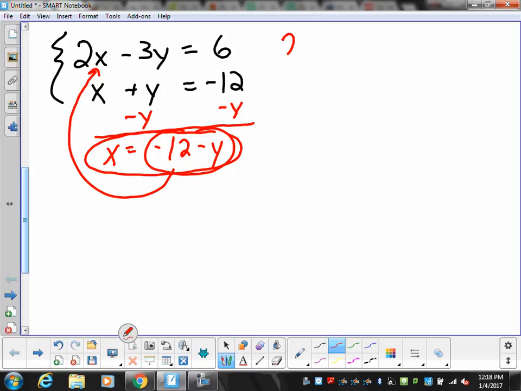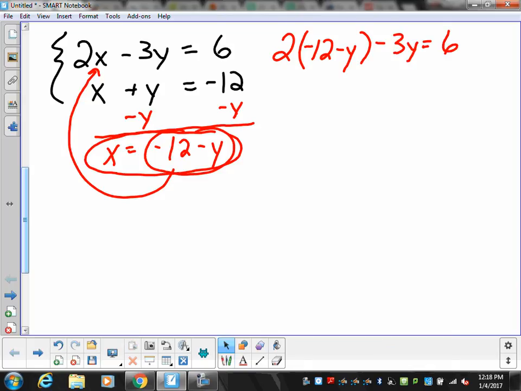I'll write that over here. 2, and then where x is, I'm putting negative 12 minus y, and then minus 3y equals 6. So that's the equation I'm going to use to find out the value of y.